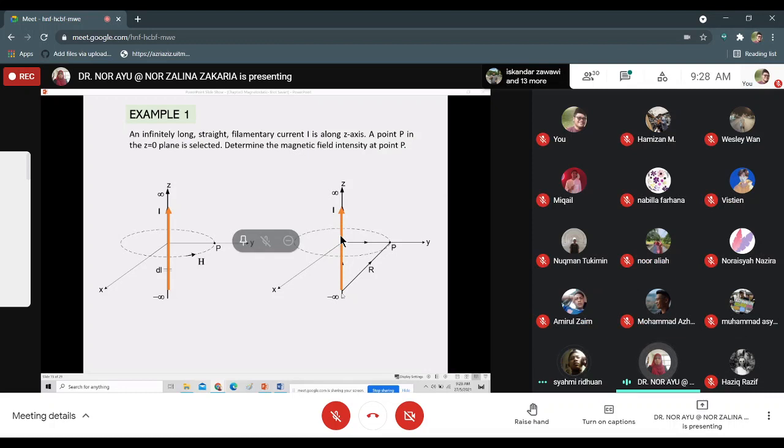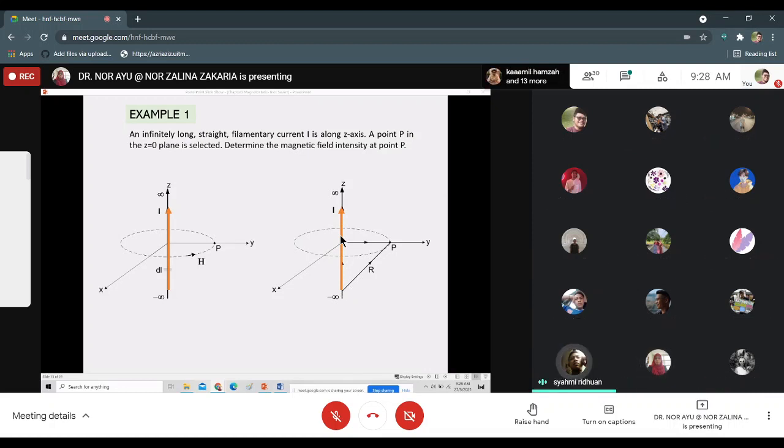Okay, so direction Z is ke atas. So meaning that ia adalah positive, right? Ya, betul. Okay, and then next one will be A.